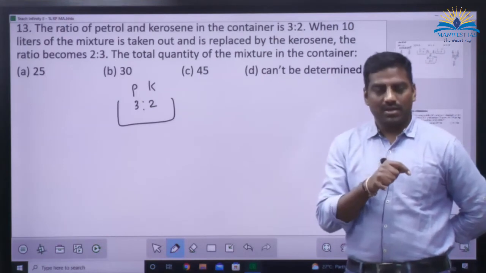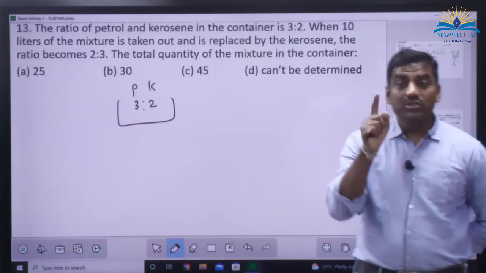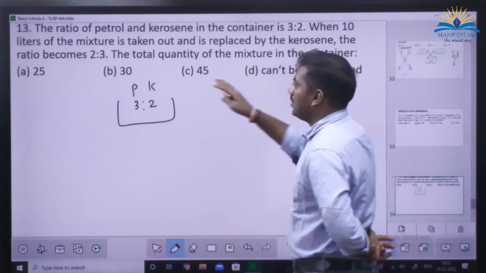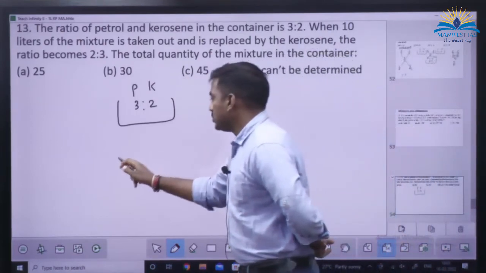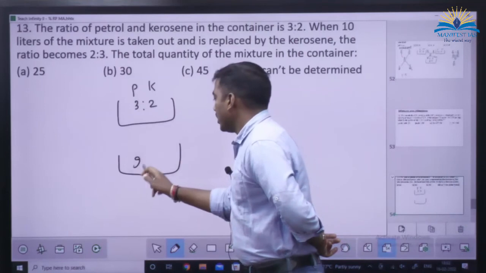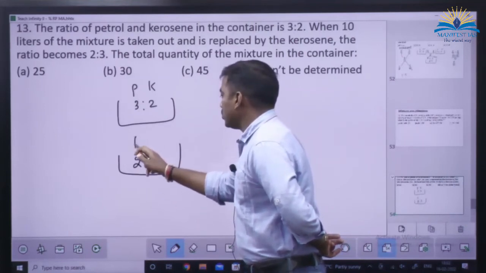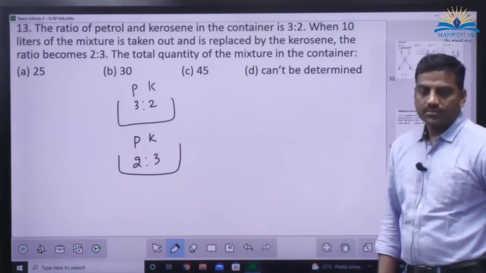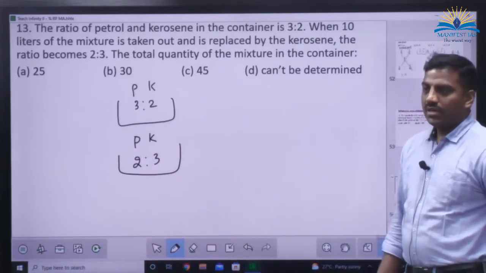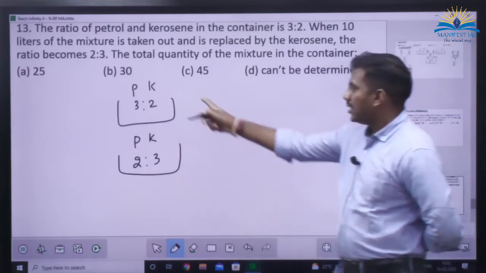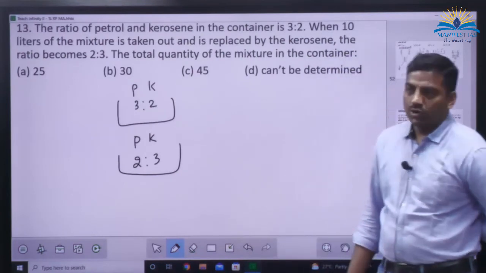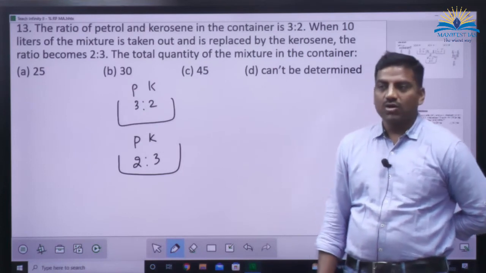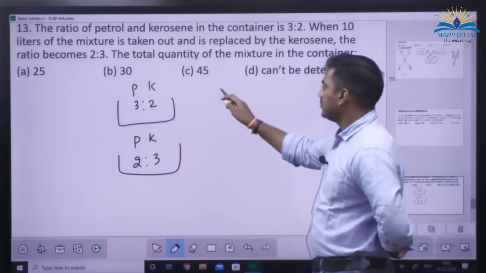So what is happening here? Kerosene is becoming more. And finally, what has happened? It has become 2:3. Here also, take the concentration of petrol, since the concentration of petrol is reducing.